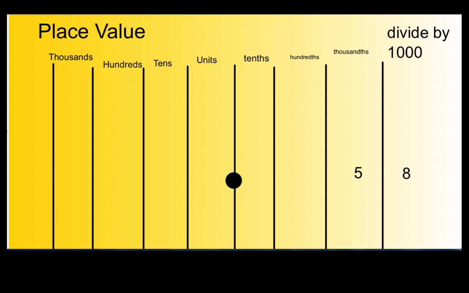And then you've got to put in these zeros here as placeholders because you can't just have nothing there. And there's your answer, 0.0058, which is really 0 tenths, 0 hundredths, 5 thousandths, and this column here is 8 ten thousandths, which is getting pretty small. Time for you to have a go.